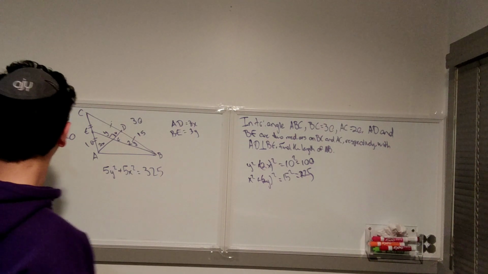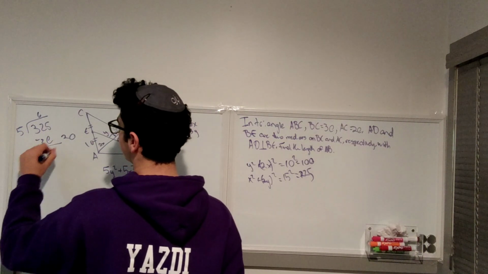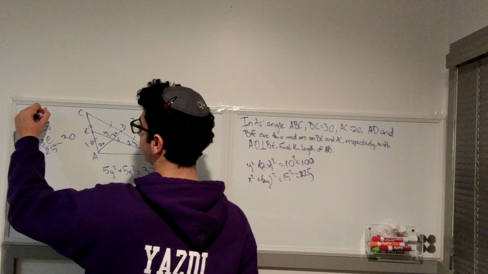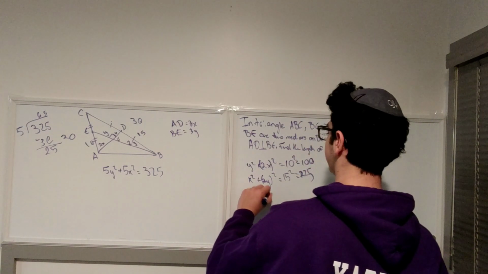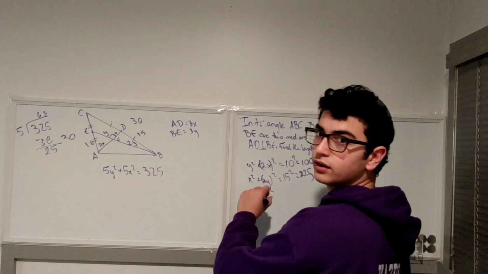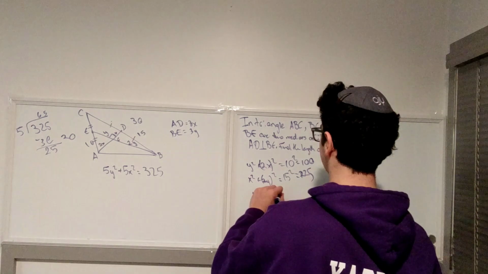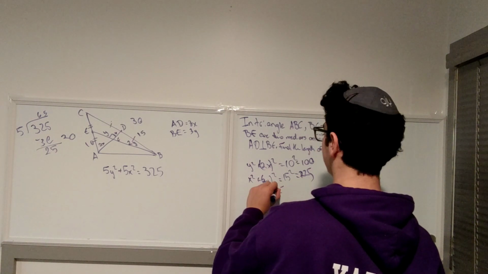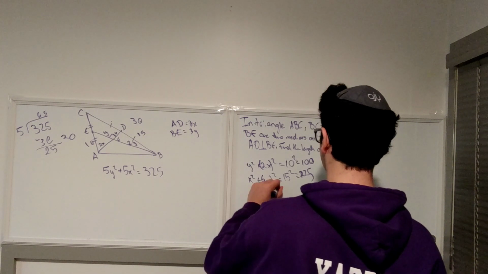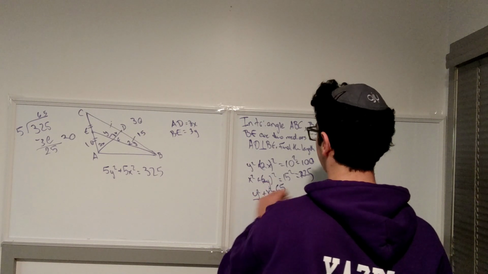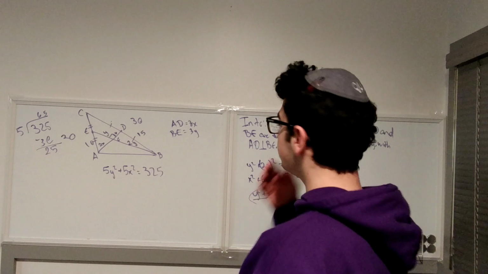We get 65. So now I can say y squared plus x squared is equal to 65. Okay, that's going to be pretty important.